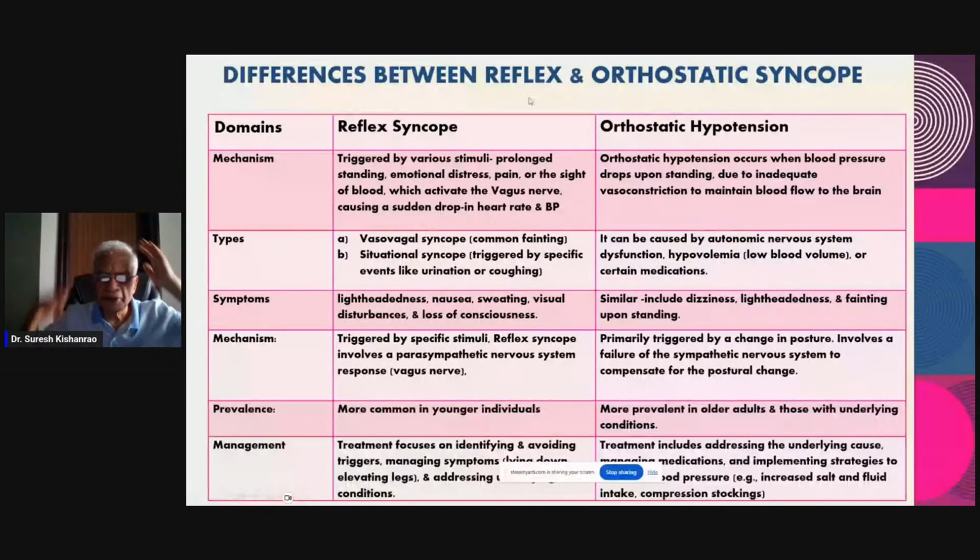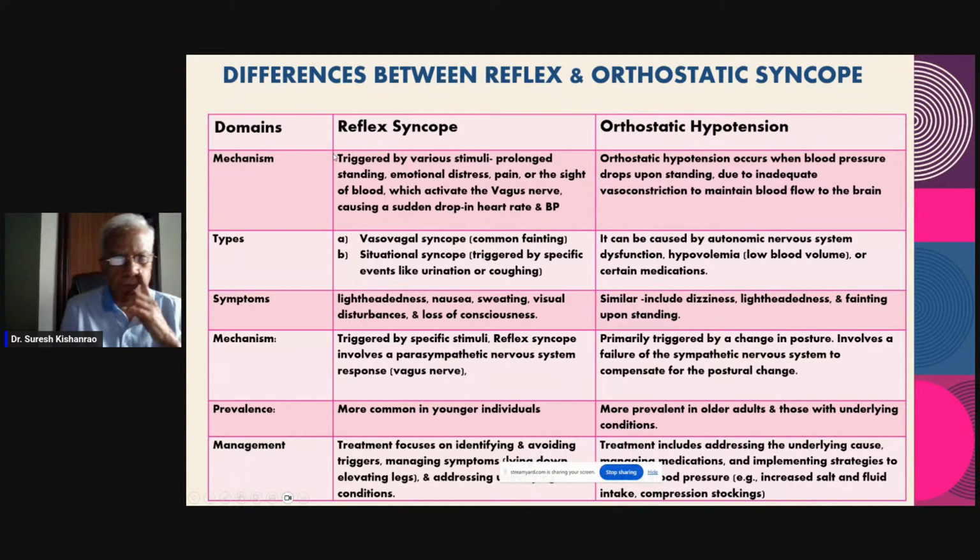This slide compares reflex and orthostatic syncope. Basically, on the mechanism, as I told you, reflex syncope has various stimuli, whereas orthostatic syncope occurs only when you stand up from a seat.